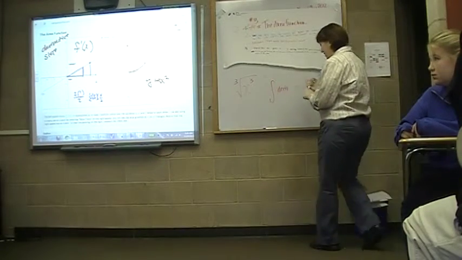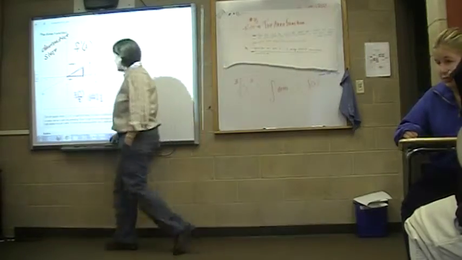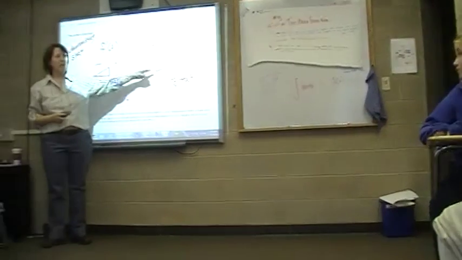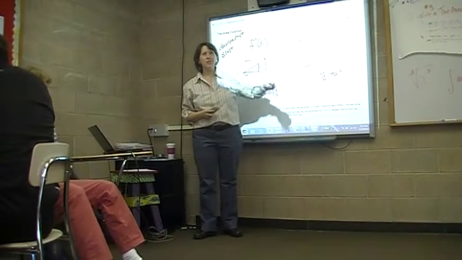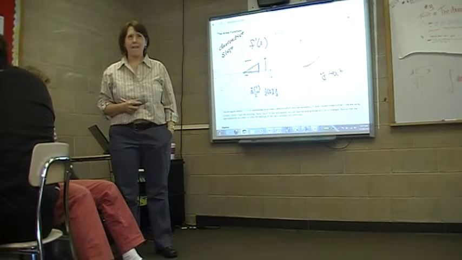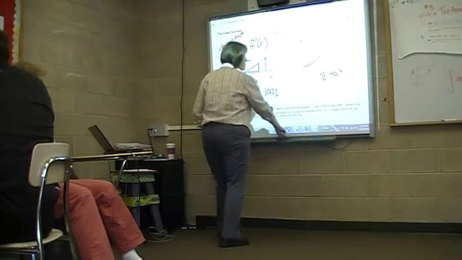Do you remember way back when I gave you a graph like this and said, graph the derivative function? How did you do it? You looked at the slope at each point, right?